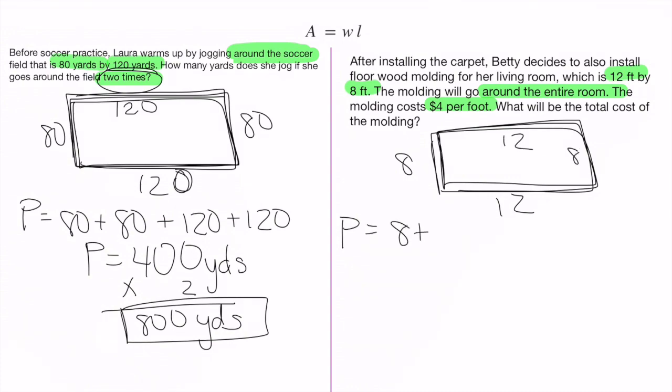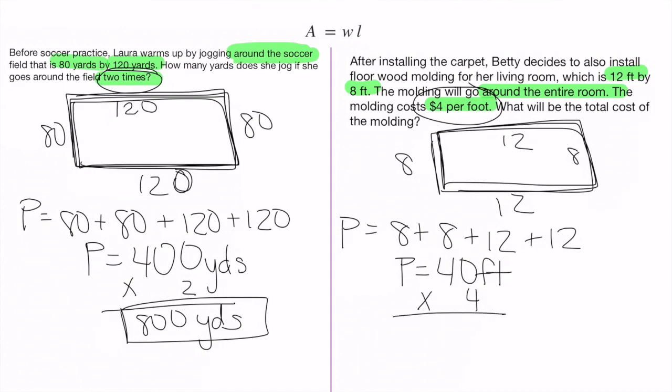So you want 8 plus 8 plus 12 plus 12. That'll give us a perimeter of 40 feet. So we want to know the cost, and it's $4 per foot. So we have 40 feet, so we need to multiply it by $4, which will give us $160.